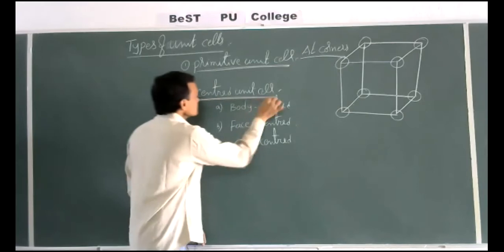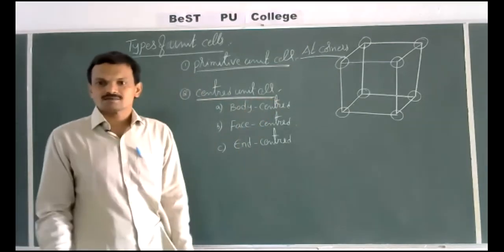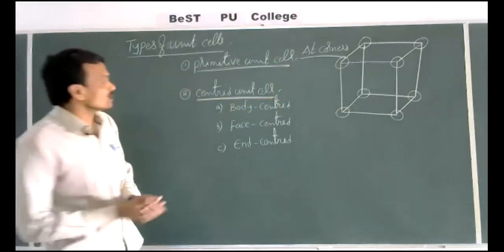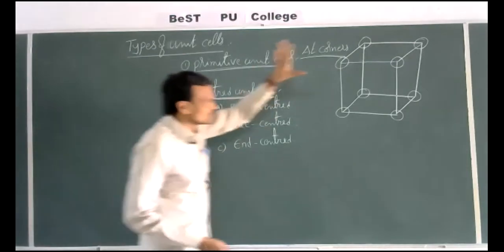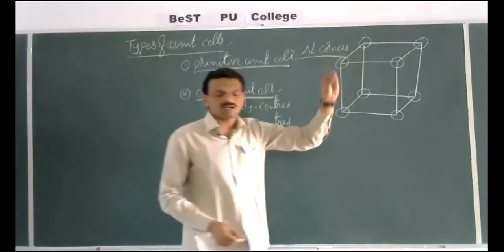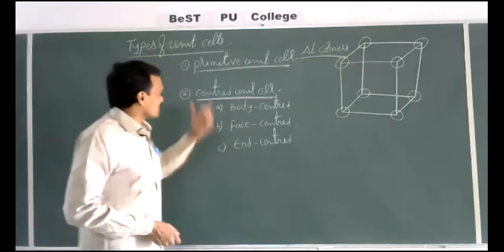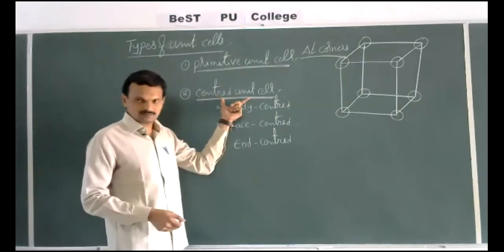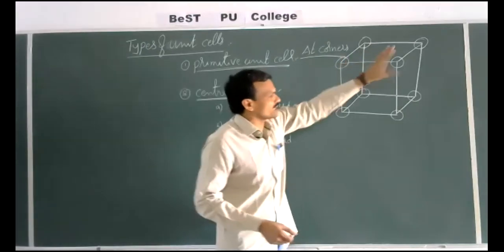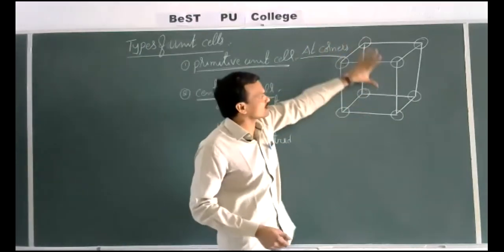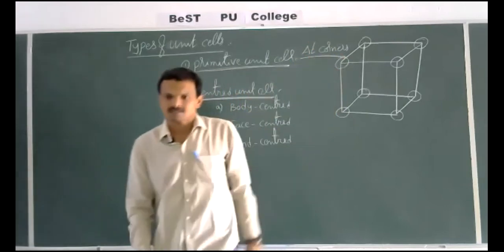Next, centered unit cells. What are centered unit cells? In addition to corners, if the particles are present at the other positions, then they are called centered unit cells. The corner particles are fixed. In any type of system, this is the basic primitive system.